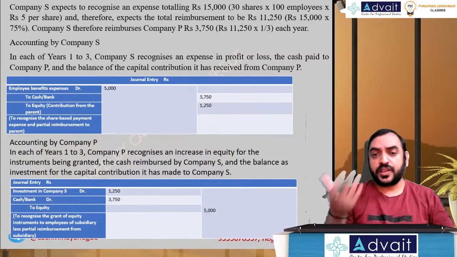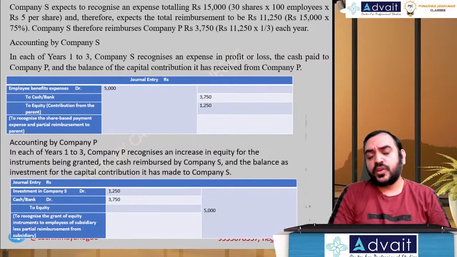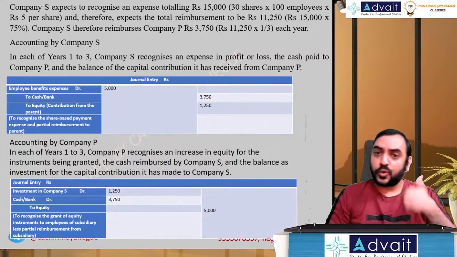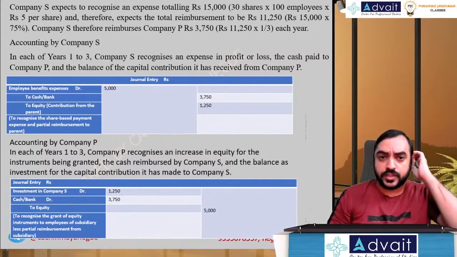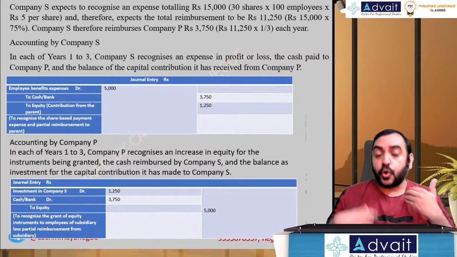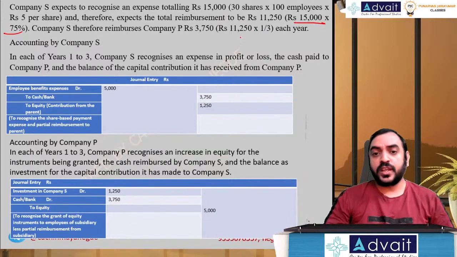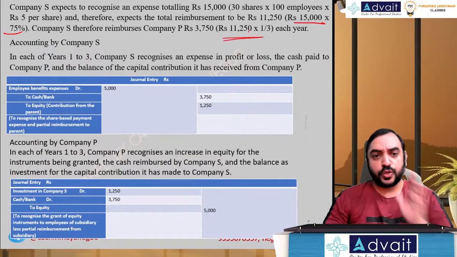So 75% the subsidiary company will pay back to the holding company, to that extent we will pay the amounts. So the total reimbursement is 15,000 into 75%, which is 11,250, spread across the years.